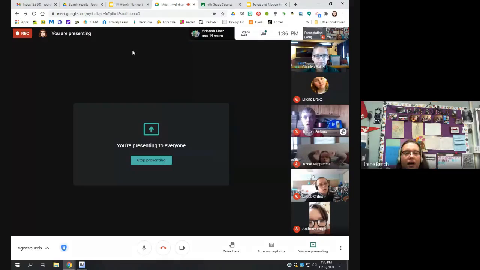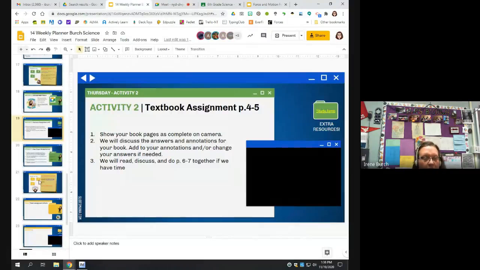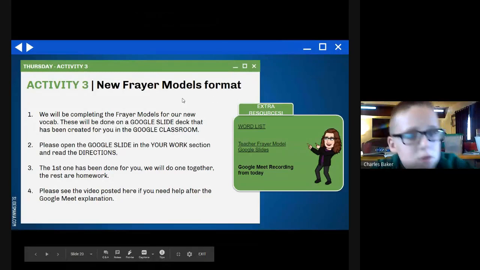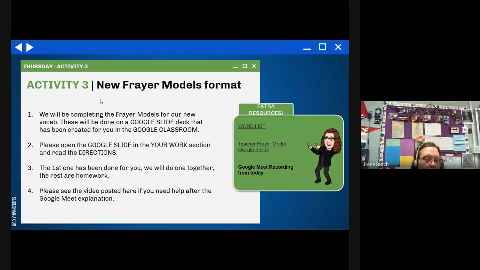Okay. All right. So the next thing on the weekly planner is to show you guys how the new Frayer models work. Okay. So in the Thursday activity 3 slide, it says that you guys are going to be using Google Slides to do the Frayer models.